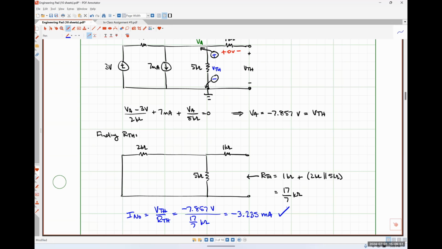Okay, before we move along to the in-class assignment, any questions on Thevenin and Norton equivalent circuits? All right.